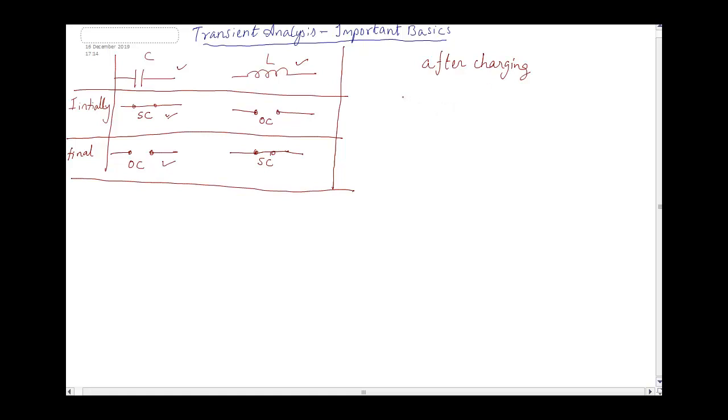Initially the capacitor was not charged. Now the capacitor will look like the capacitor is there, but with a charged-up voltage source.